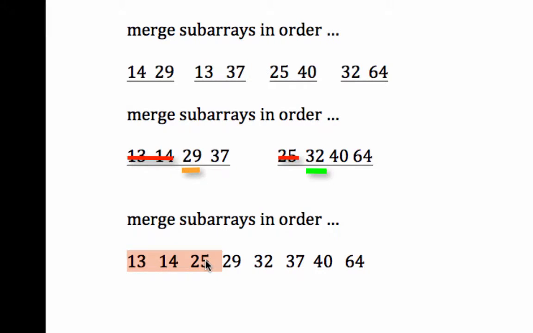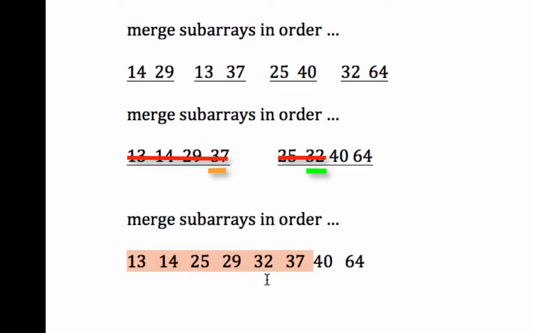So at this point, the algorithm will compare 29 with 32 and decide that the smallest of the 2 is 29, and then it's going to compare 37 with 32, and the smallest of those is 32. The next step will be to compare 37 with 40, and the smallest of those 2 is 37, so it inserts 37. So again, it has been comparing 2 values, one from each half, and inserting the smallest in the correct position.